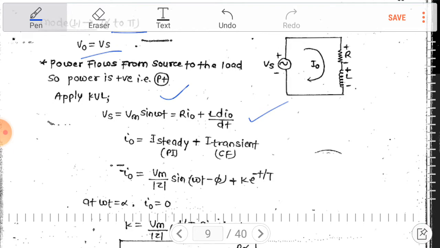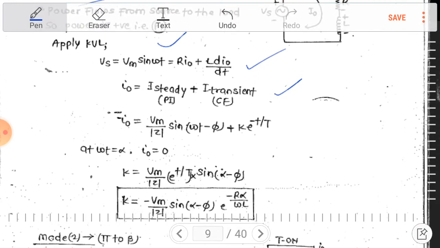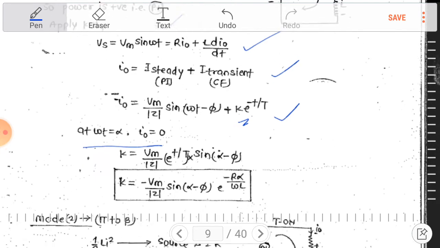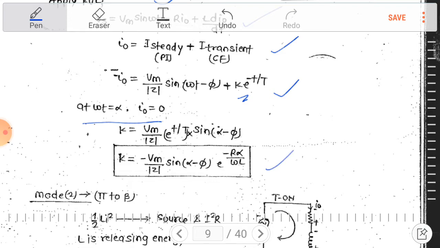We solve it using differential equation techniques, and we get the solution i0 equal to the sum of the particular integral and the complementary function, where the particular integral is a steady value and the complementary function is a transient value. We find the constant by using the condition that at omega t equal to alpha, i0 is equal to 0.